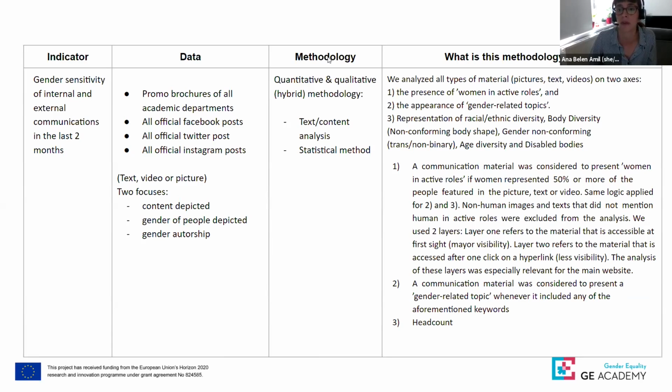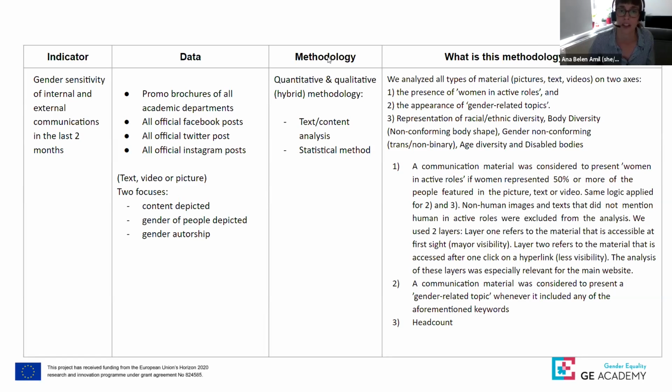Second, the appearance of gender-related topics. And third, representation of racial and ethnic diversity, body diversity, non-conforming body shapes, gender non-conforming people like trans and non-binary people, age diversity, and disabled bodies. So you can see that it was a very intersectional approach.